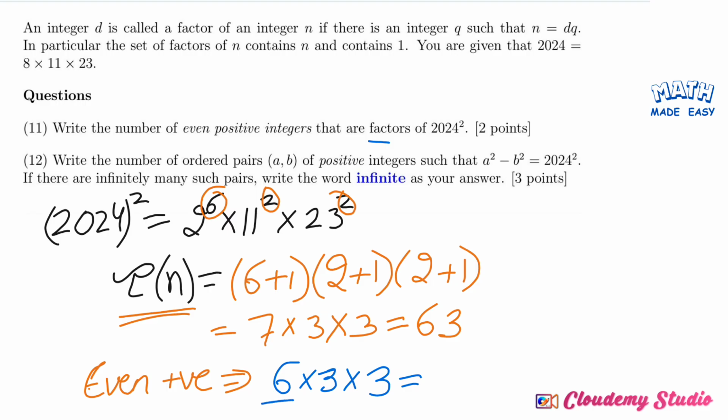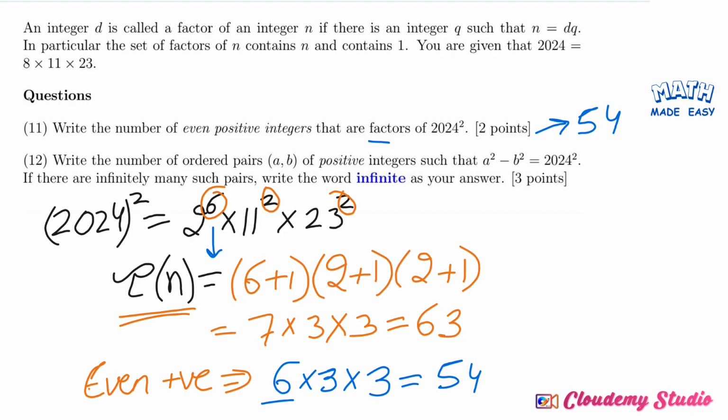Why 6? Because the power of 2 is positive, and this power makes an even factor, and this cannot be 0 of course. So it is 54. So the number of even positive factors is 54.